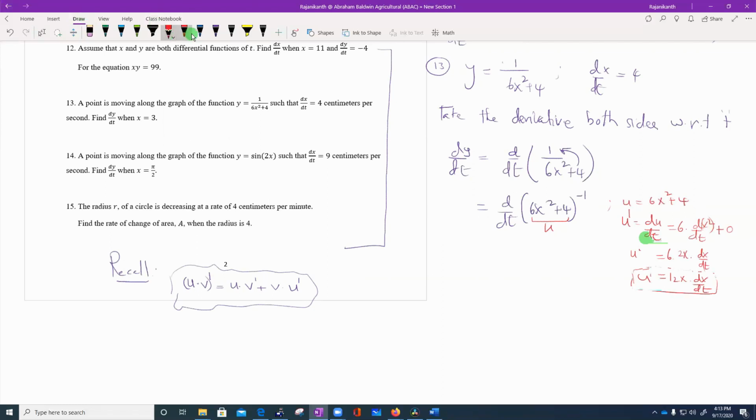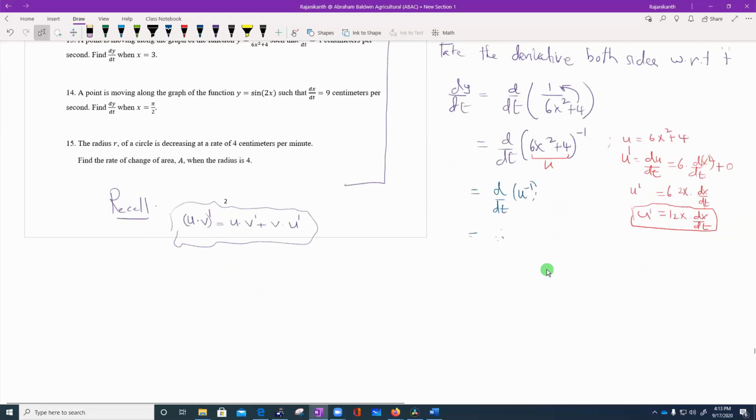Now go back here and find out. Now here, this is my u, therefore the problem is d over dt of u to the power negative 1, right? The chain rule says that you could take the derivative of u, but the inside function should be differentiated with respect to t. So u prime is du over dt. No confusion, right?